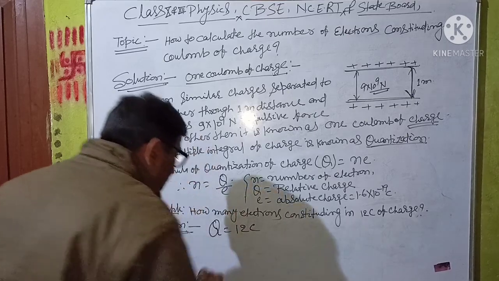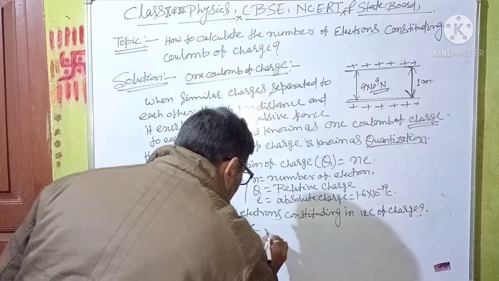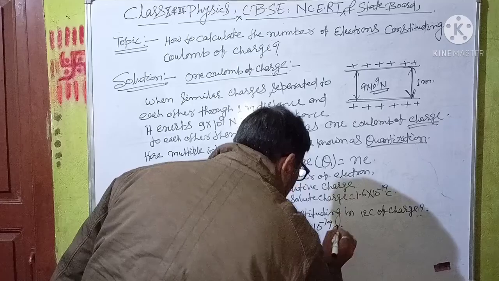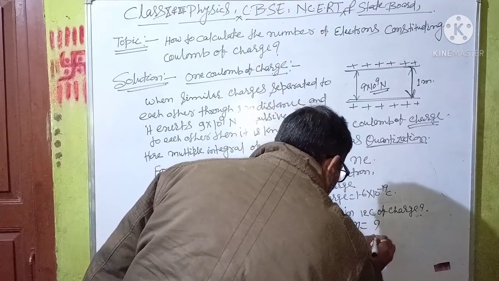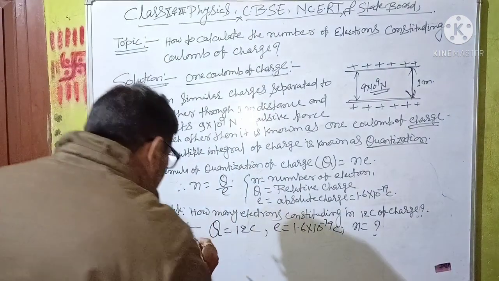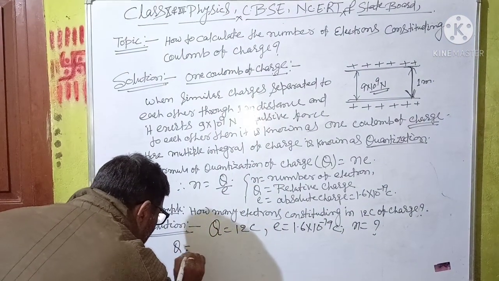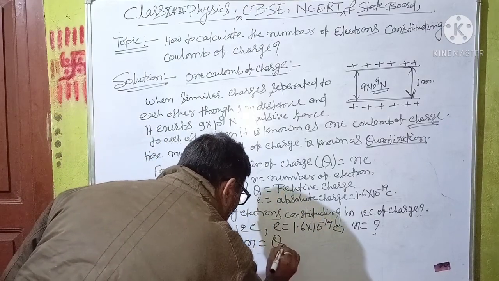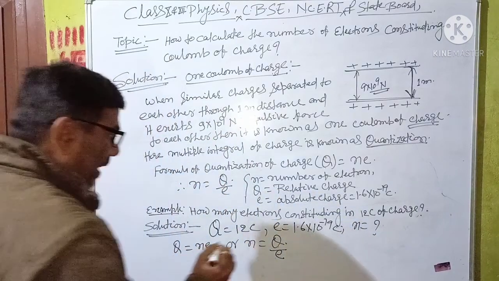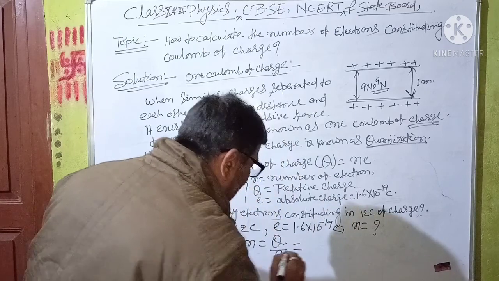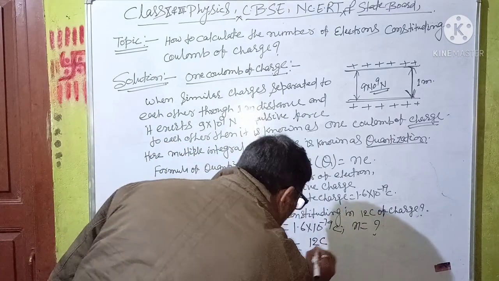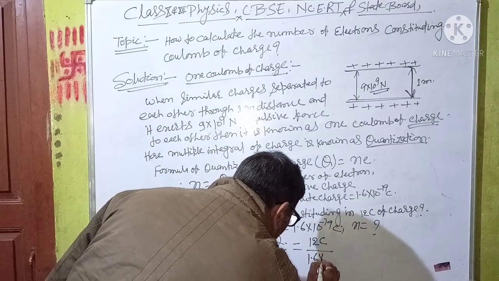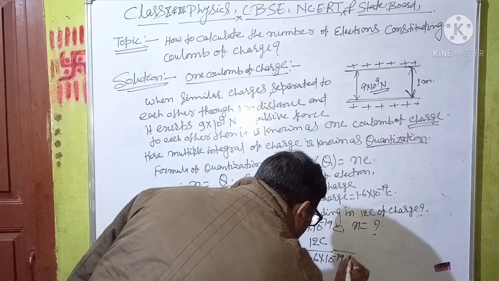E is 1.6 into 10 to the power minus 19 coulomb, and we have to find the number of electrons N. We know that Q is equal to NE, therefore N is equal to Q by E. Putting the values of Q and E, Q is 12 coulomb and E is 1.6 into 10 to the power minus 19 coulomb.